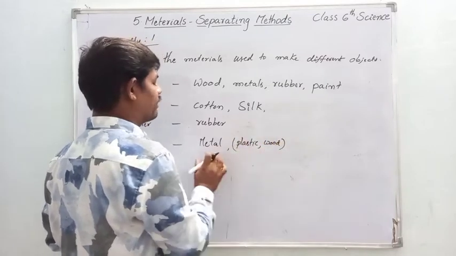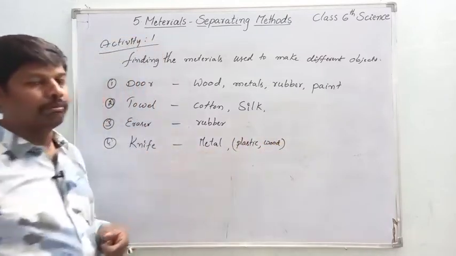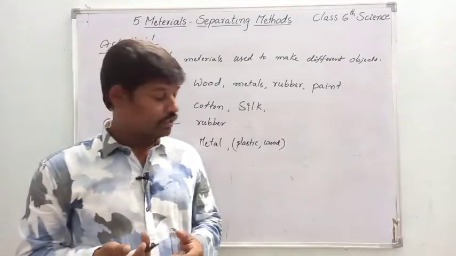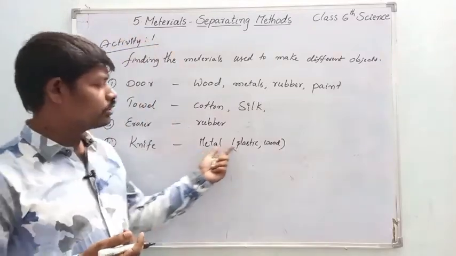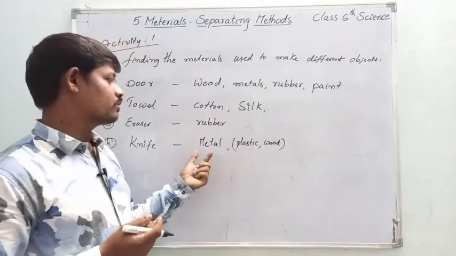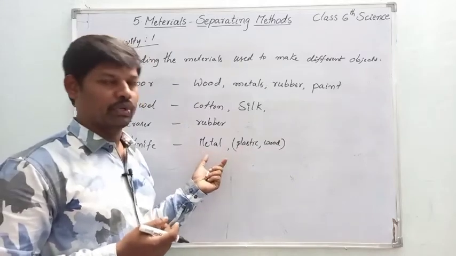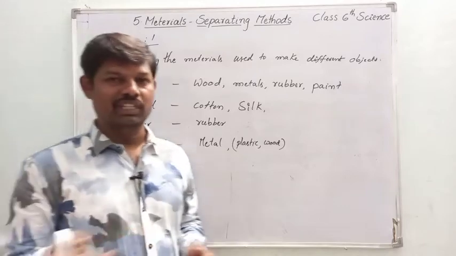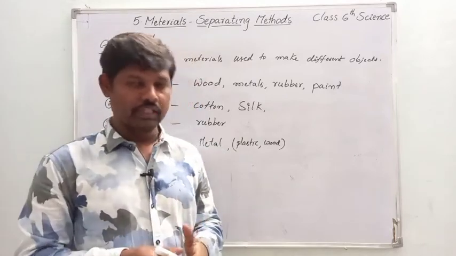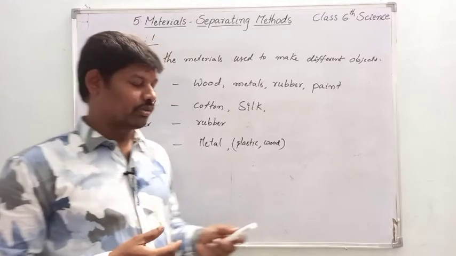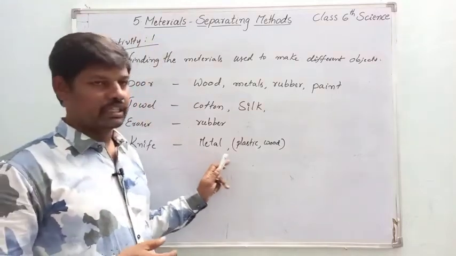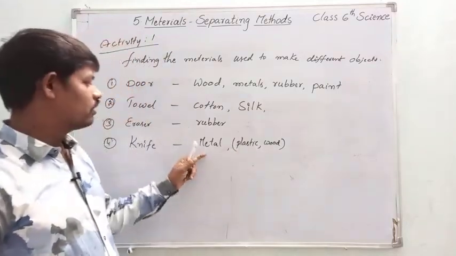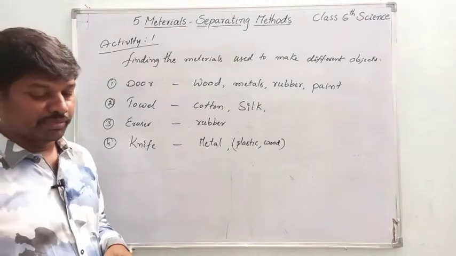This is the handle, but the knife is made up of metal. And some knives are without handles. That means the handle is also made up of metal only. For example, those who are selling chicken and mutton, they have only metal, no handles. With metal only the knife will be prepared.